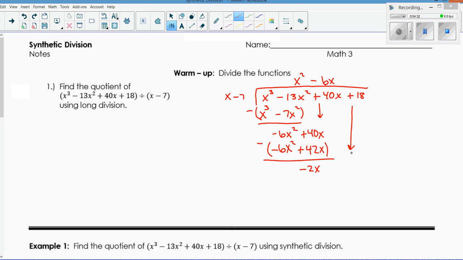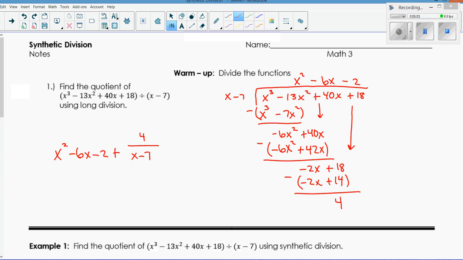Bring down my positive 18. And then I need a negative 2 here, which gives me negative 2x plus 14. Subtract. I get 18 minus 14 is 4. So that's my remainder. So my answer is x squared minus 6x minus 2 plus 4 over x minus 7.